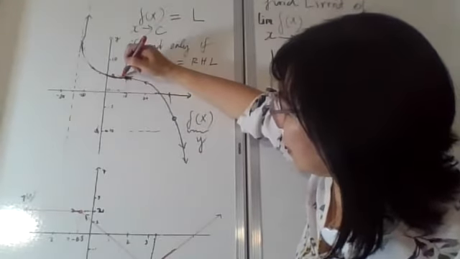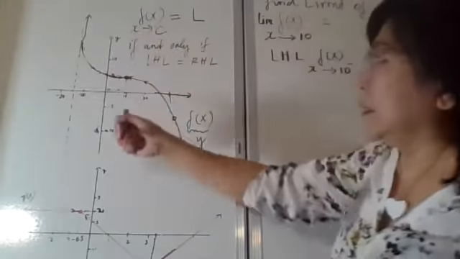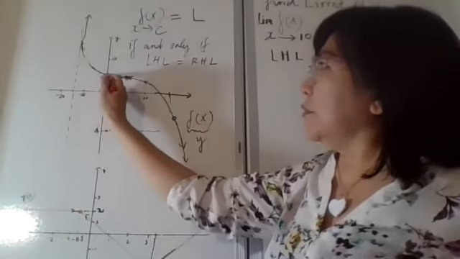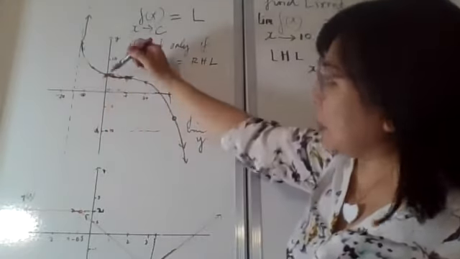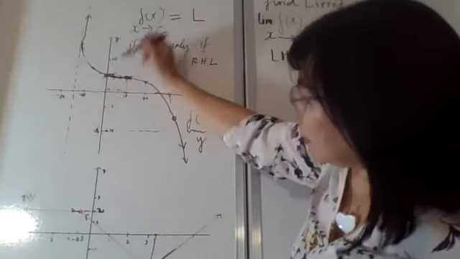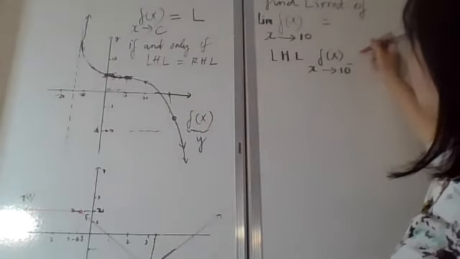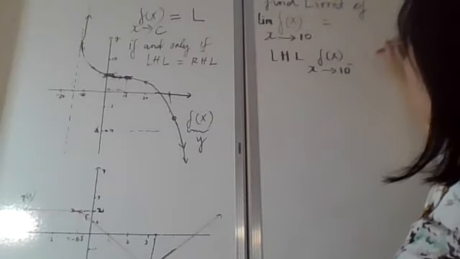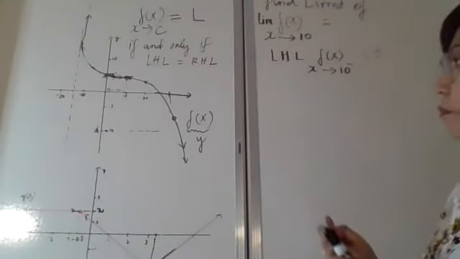So look at here, on the left-hand side, that we call the left-hand limit. The value of y right here, I mark as 5. So the answer for this is: the left-hand limit of this function equals 5.